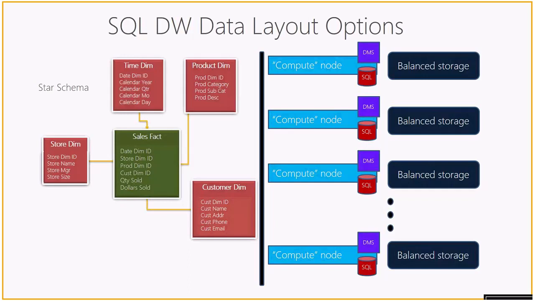Internally, it takes all this data and distributes it evenly or randomly into the different computing nodes. And when a query comes into the SQL data warehouse, it knows exactly where to get the data from and sends the execution paths to those individual computing nodes to get the data accordingly. Any questions so far?